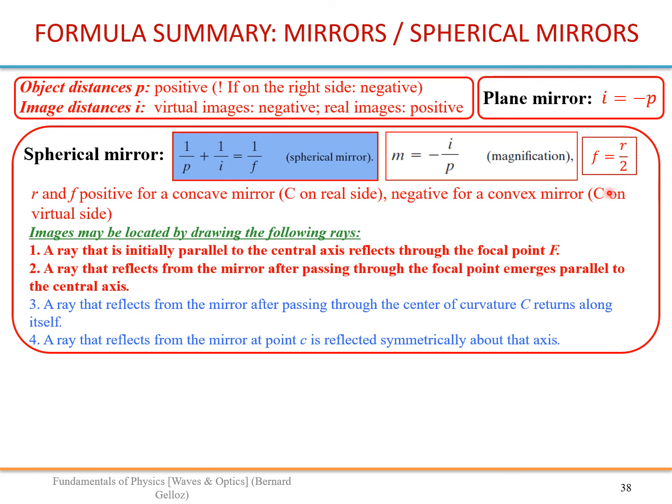So in that case, C is on the virtual side. Images may be located by drawing the following rays. So remember that these are conventional, and are true for any kind of optical system. So try to use these instead of rays that are specific to a given system.